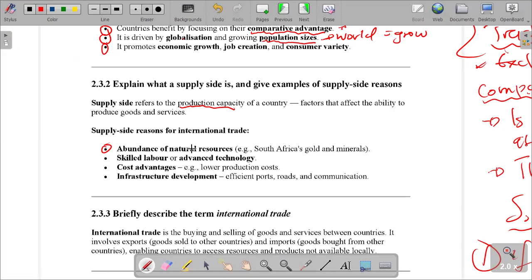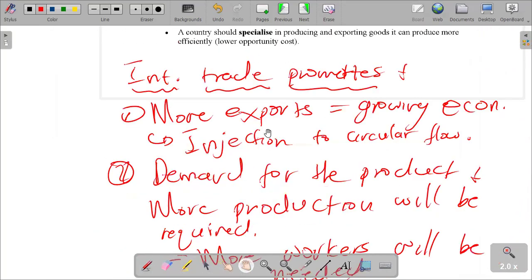So if we have more natural resources as a country, then it's productive to do what? To enter into international trade. Because now we have more production capacity, we can offer the world, right? So this would be an example.